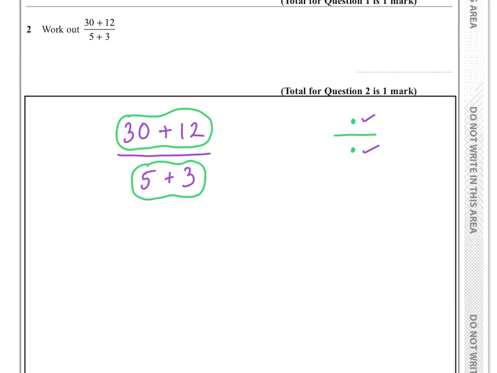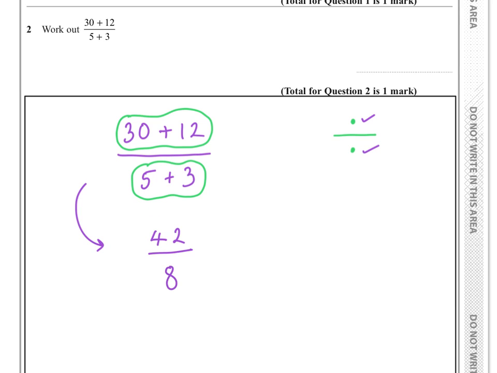And in this case, to look at this fraction here in a simplified form, you will look at the numerator first, i.e. the top part, and you would just add 30 and 12 together. So our next step would be 42, and then you look at the denominator and you have 5 add 3, which is 8.